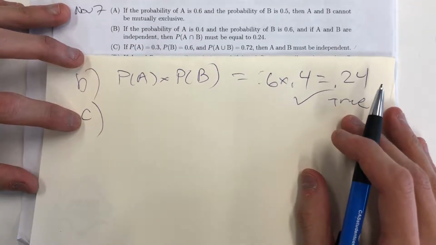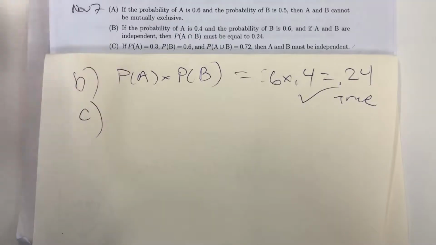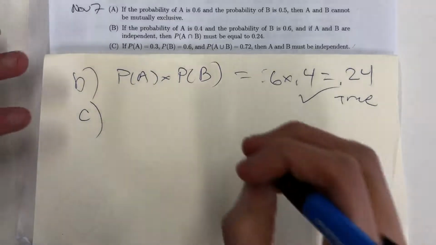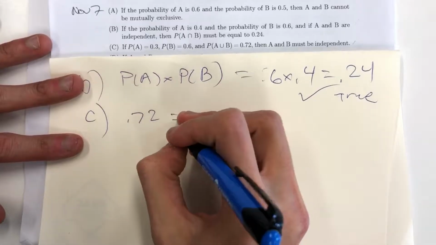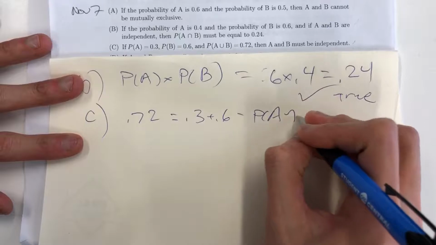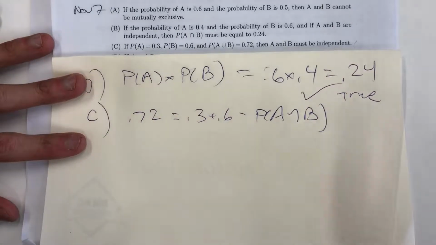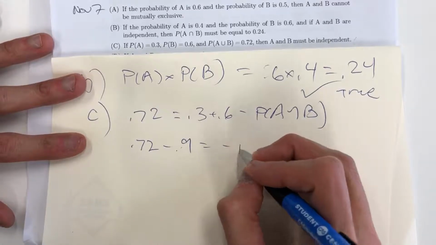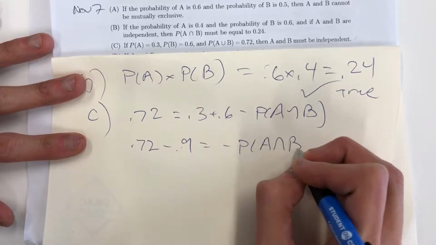Look at letter choice C. If we're given the union of A or B and their individual probabilities, then A and B has to be independent if the following numbers are true. So let's verify it. P(A and B): if I take 72% minus 90%, it'll give me negative P(A and B).